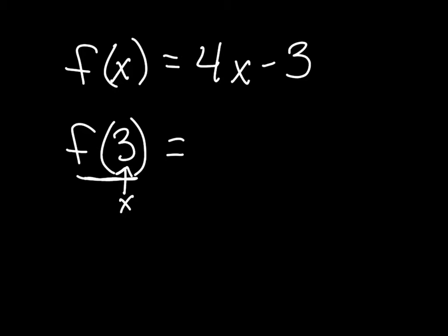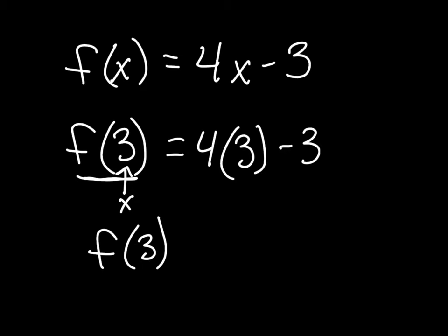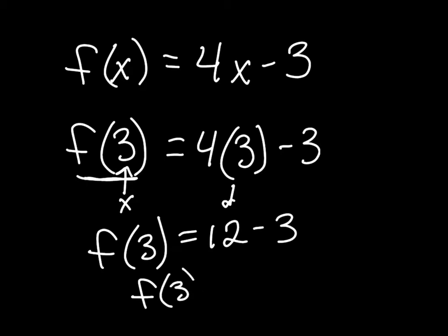So this is my x. I'm just going to replace it with 3. So 4 times 3 minus 3. So I have f of 3 equals 12 minus 3. So f of 3 equals 9.